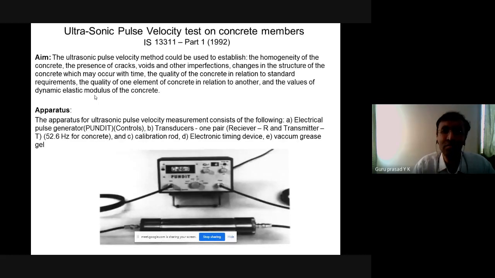So how do we know if the concrete has been cast properly or not? All of us know that concrete needs to be cast based on a mix design which we follow in our laboratories. I think all of you are aware of that. When we teach students, we say that we have to follow a certain mix design of concrete based on IS codal provisions.